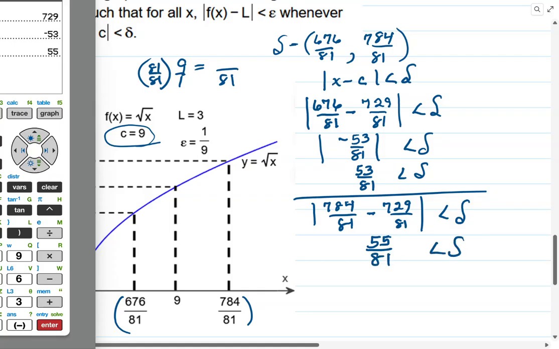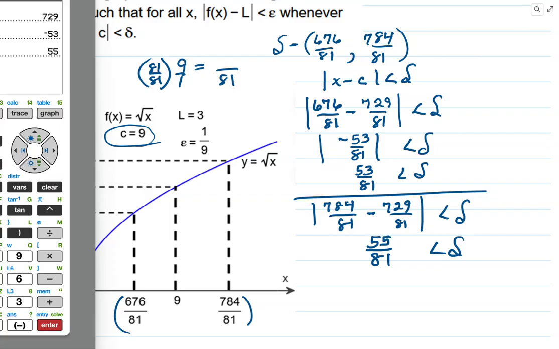All right. So which is the largest delta I can have? Over 81. Which one? The second one, 55 over 81. Wait, which is the smaller? Oh, wait, 53 over 81.